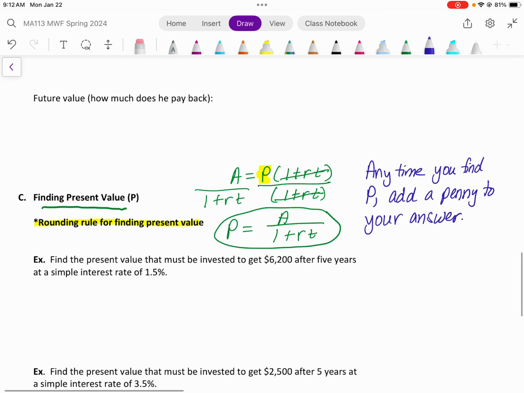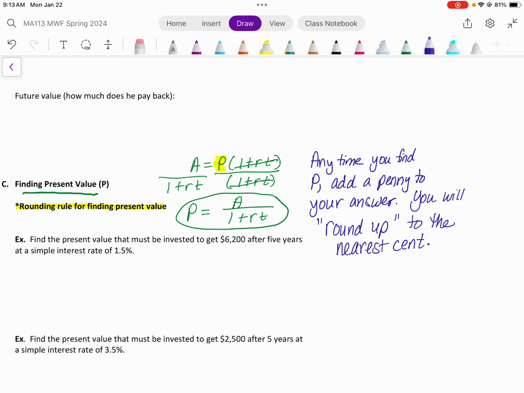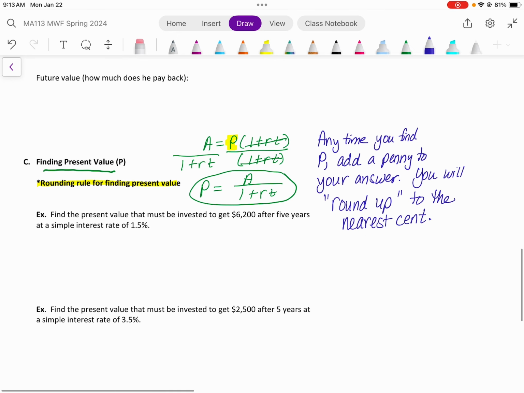This is called rounding up to the nearest cent. All right, we'll know to use this new formula when it says to find the present value.